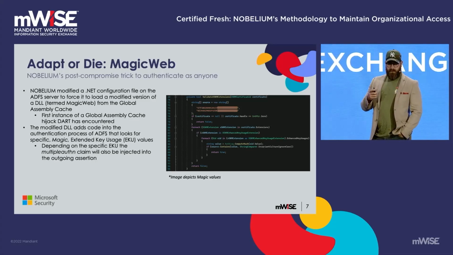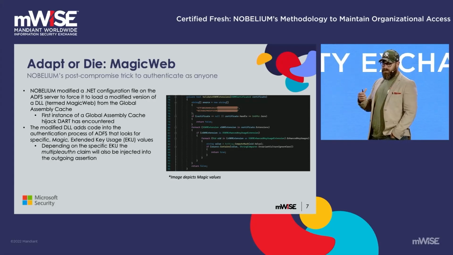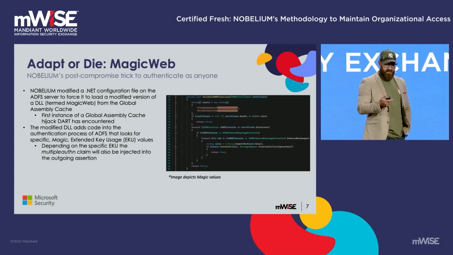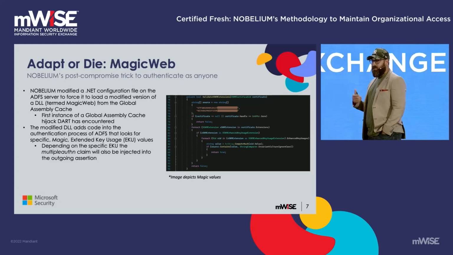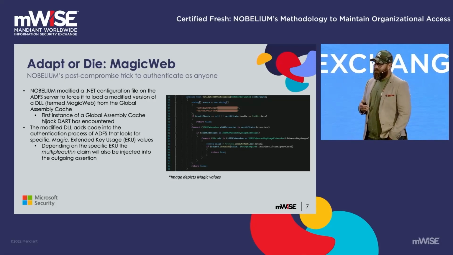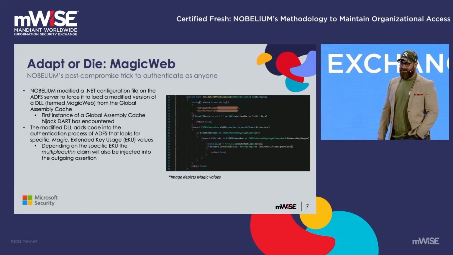And what the customer in this situation was able to identify is anomalous logons. They then started to peel the onion back a little bit, called us in and said, there's some really interesting authentication signals we see here. Can you guys come take a look with us? And that's where we get to the point where we identify MagicWeb. It wasn't easy. It took us about a week. I think too. Yeah, quite some time.